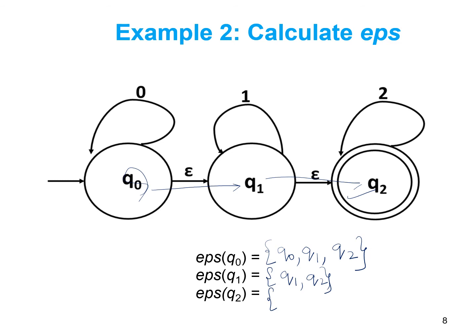Coming to Q2, so by default Q2 is in the result. Then from Q2 there is no epsilon transition going to state Q0 or Q1. Hence the result is Q2. So EPS of Q2 is equal to Q2.